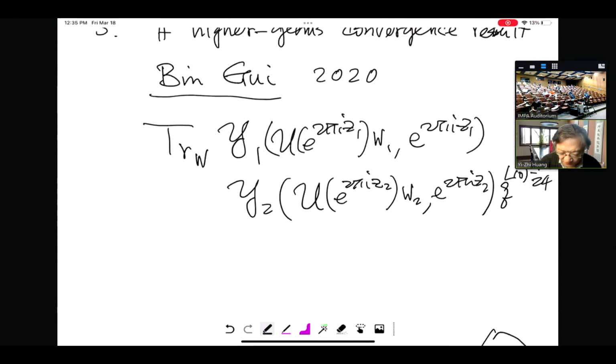So this is convergent, and actually this also satisfies the modular invariance, but under suitable conditions.